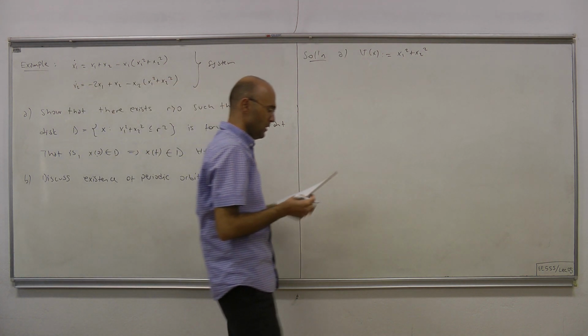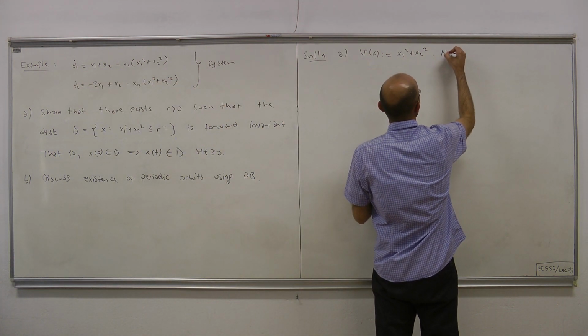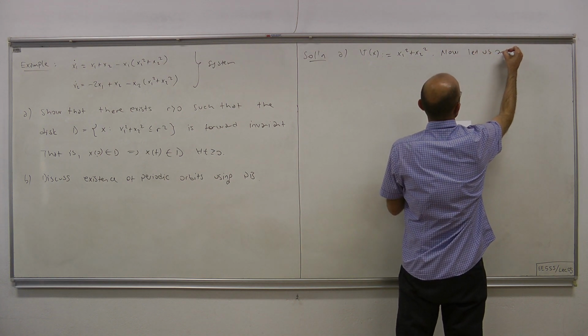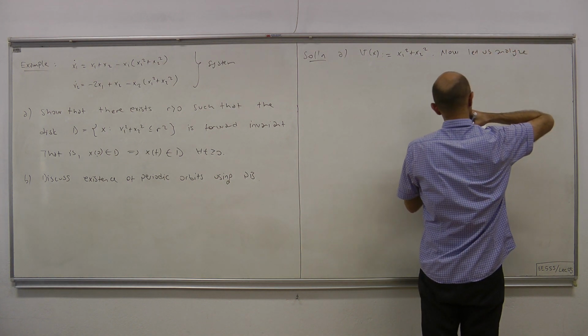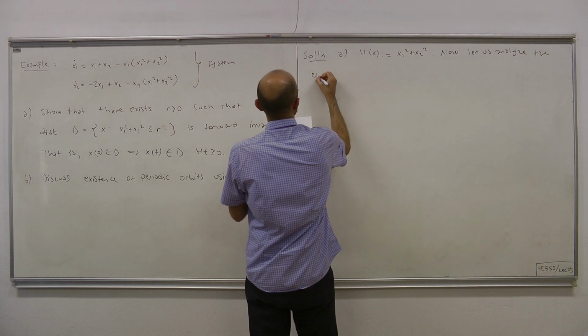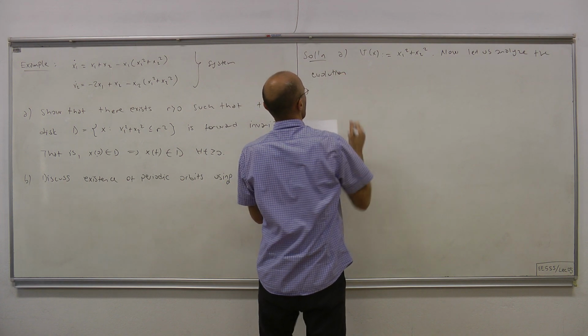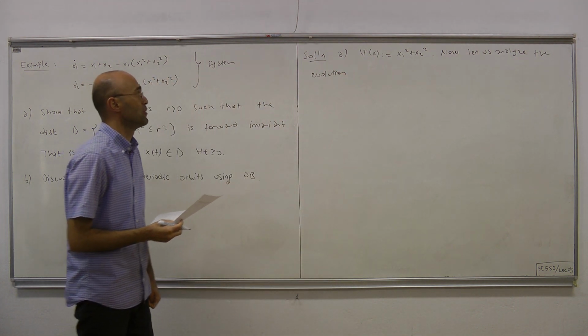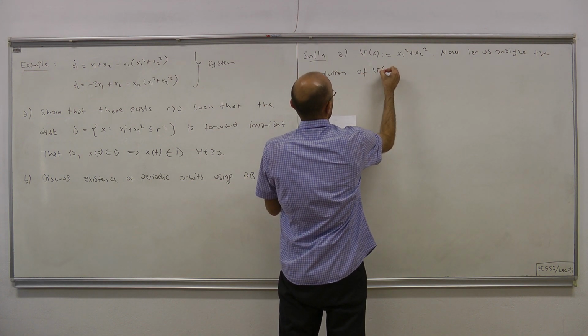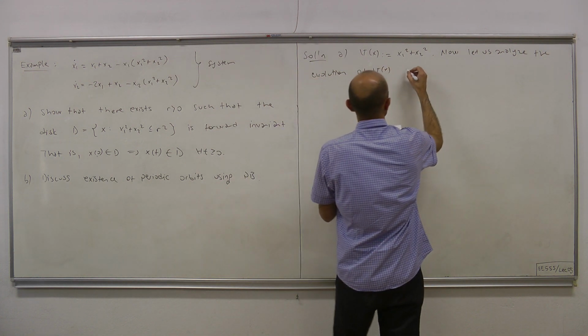Now, let us analyze the evolution of the norm square V of x along the trajectories of the system.